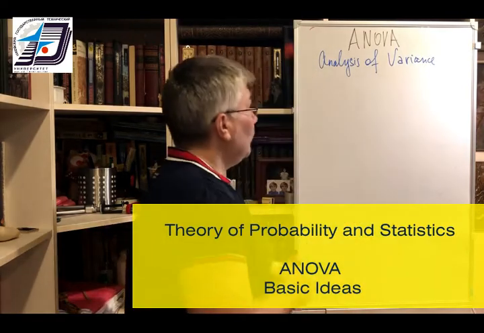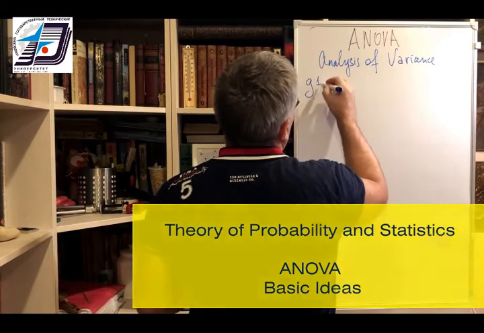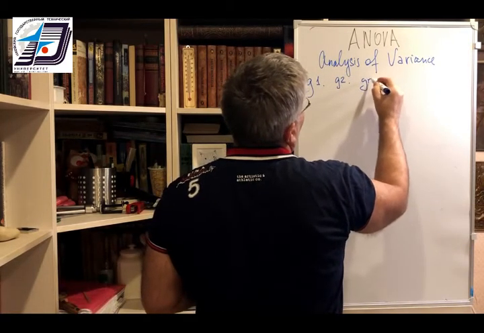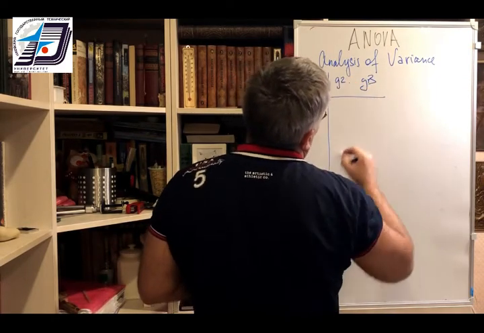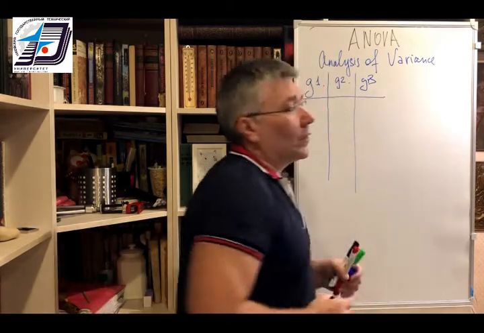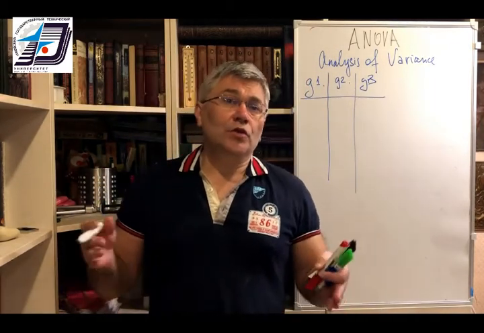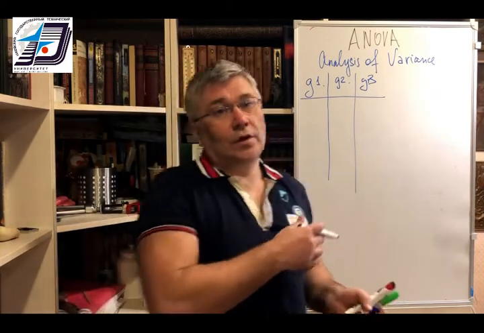So we have 3 groups: Group 1, Group 2, and Group 3. And they were graded. As in our university, there are different numbers of students in each group, so we have the same situation for our example.